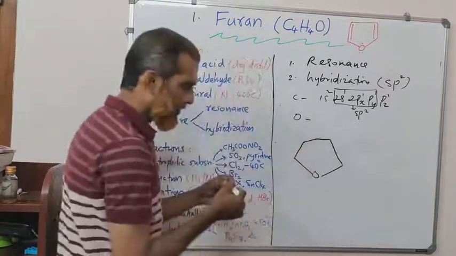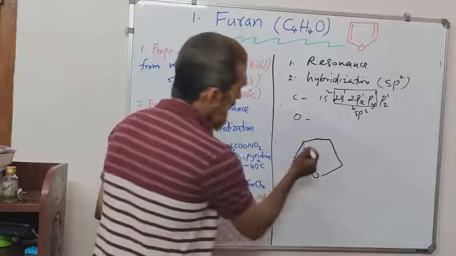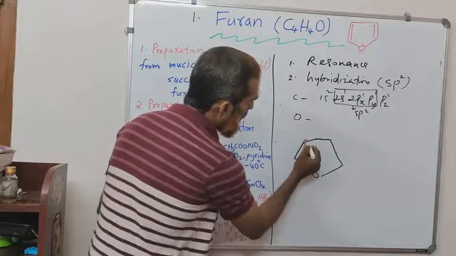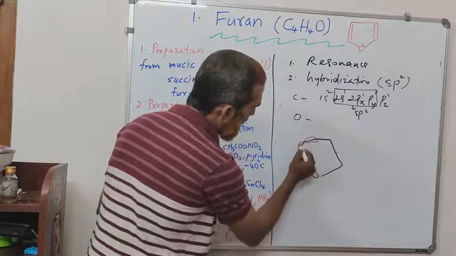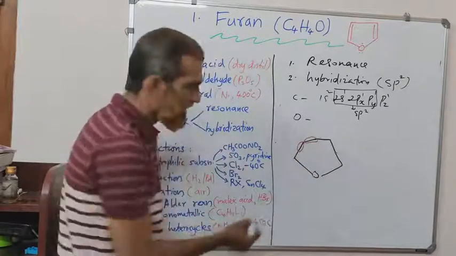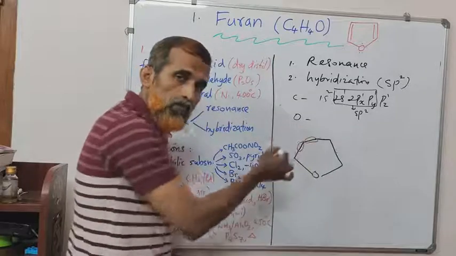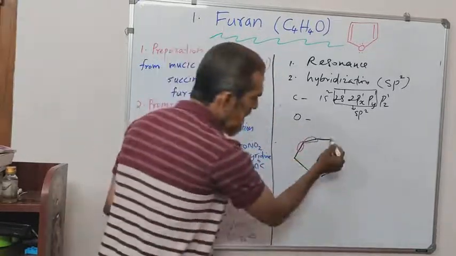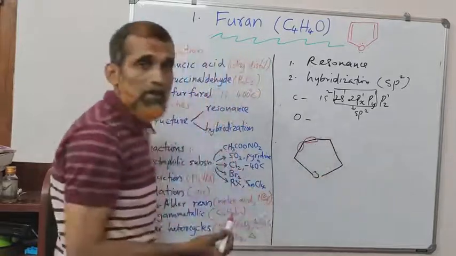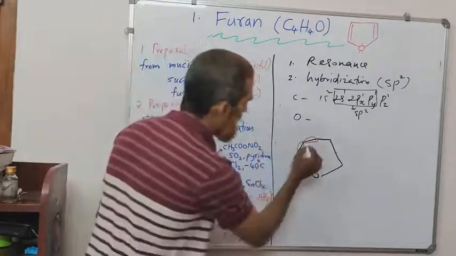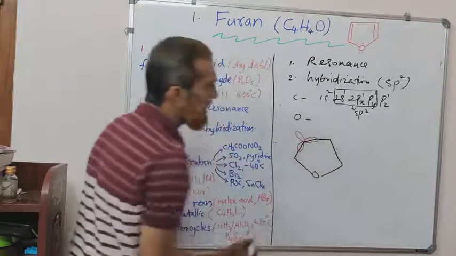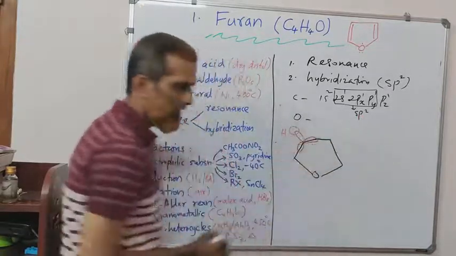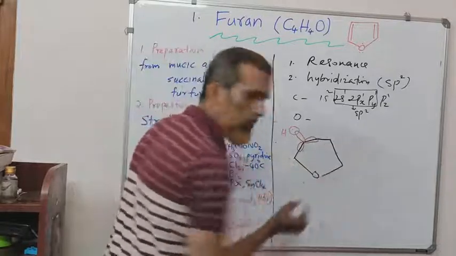This carbon has got every carbon is in sp2. So what happens? 2 sp2 hybrid orbitals will be utilized by each carbon for forming sigma bond with the neighboring carbon. These are all carbon, right? So 2 sp2 orbitals which contain 1 electron each used for that. Now the third sp2 hybrid orbital is used for what? For overlapping with hydrogen. So that's the case on all 4 carbons.